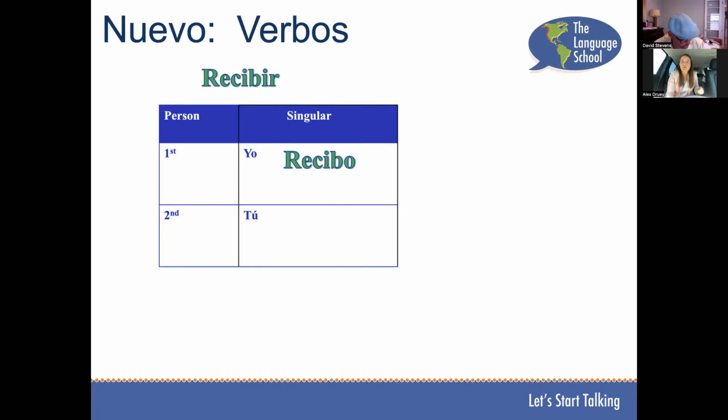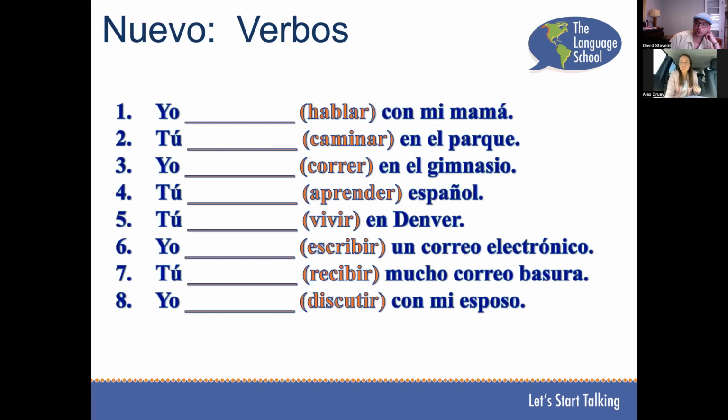Yo recibo, tú recibes. Muy bien. Discutir, to argue. Yo discuto, tú discutes. Vivir, to live. Yo vivo, tú vives.